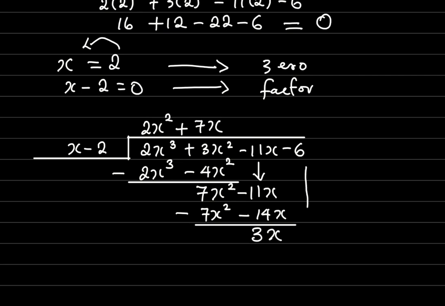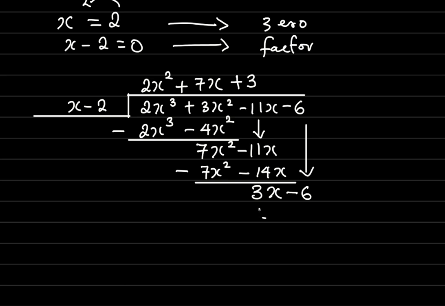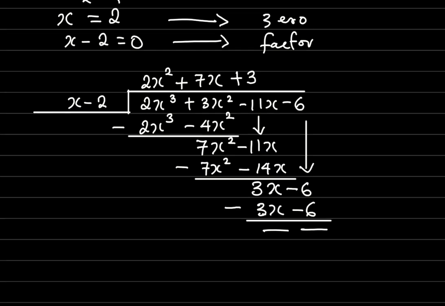Then I will bring down my minus 6. All right, the next thing to multiply x to give you 3x will be plus 3, so that I'm going to have 3x then minus 6. Now once I subtract, there is no remainder. So of course I've succeeded in dividing this.